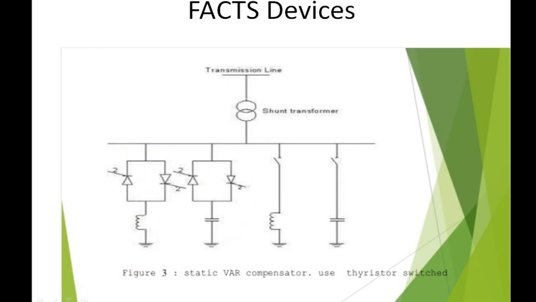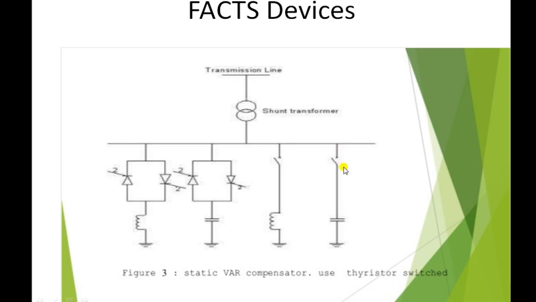Okay, so this assembly itself is called a static VAR compensator. Now if there is a low voltage at this transmission line, that means the actual voltage on the transmission line is less than the nominal voltage. In that case we need to boost the voltage, and for boosting the voltage we need to add this capacitor into the circuit.